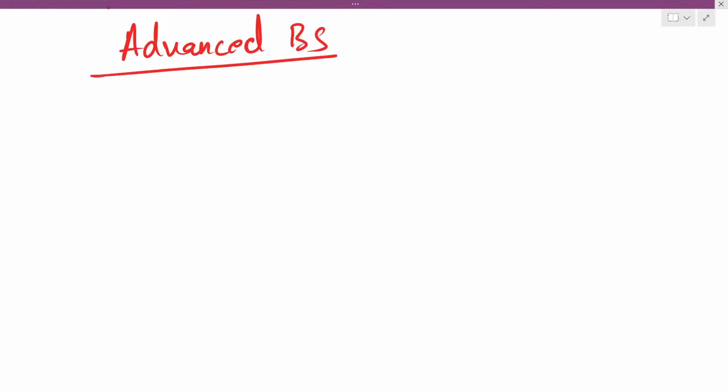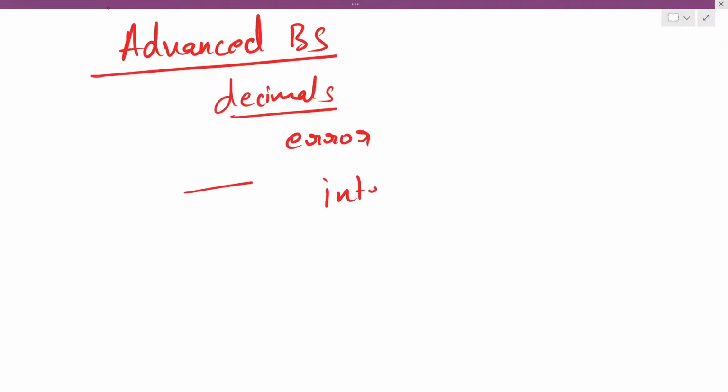Now one of the things in advanced binary search is working with decimals, that is, floating point numbers. When we work with decimals, we have a kind of error. If each time we keep decreasing the range by a factor of 2 for integers, it makes sense: initially our range was maybe 8, then it becomes 4, then 2, then 1, and then 0.